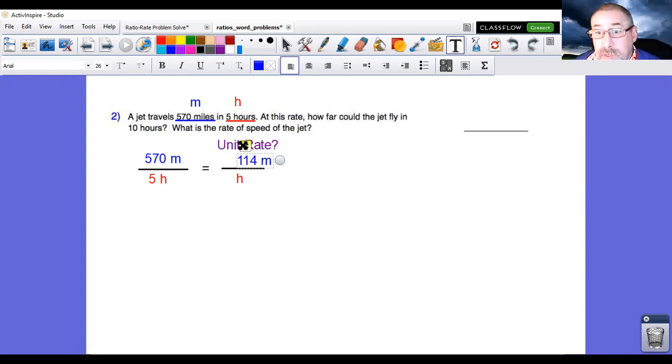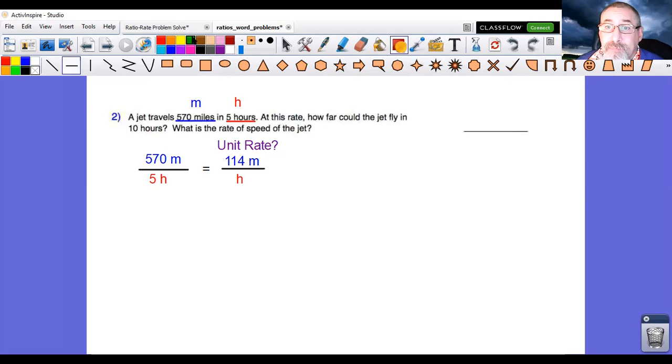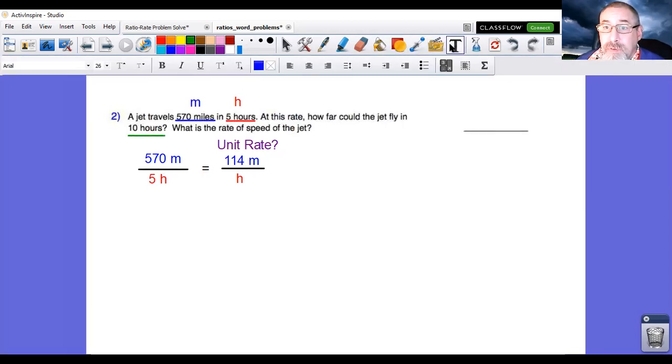So 114 miles per hour is my unit rate. I want to know how far it can fly in 10 hours. So I'm going to multiply it by time.